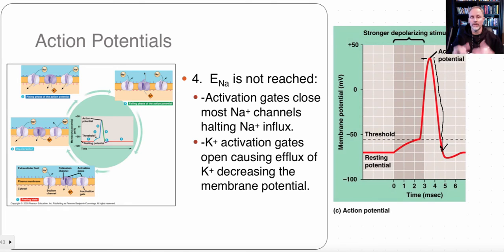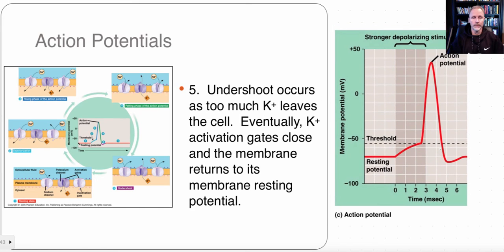And all the while you have the sodium potassium ATPase pump that's working to move the ions, 3 sodiums out, 2 potassiums in, and so forth. Okay. Because these potassium gates don't close instantaneously, we get what's known as undershoot. And that's this little spot right here where you can see we're becoming more negative than we would be at rest. So here's where we would be at rest.